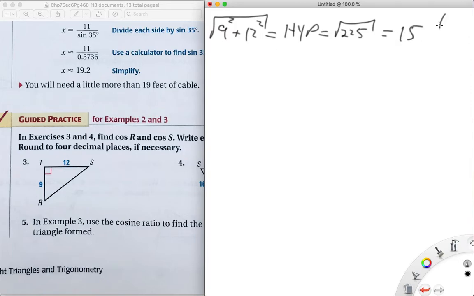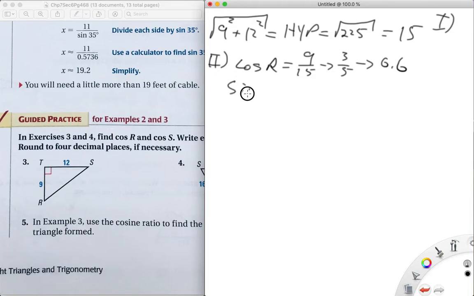Alright, part 2, we get the cosine. So cosine of R is equal to adjacent over hypotenuse, so that's going to be 9 over 15, which is 3/5, which is 0.6.